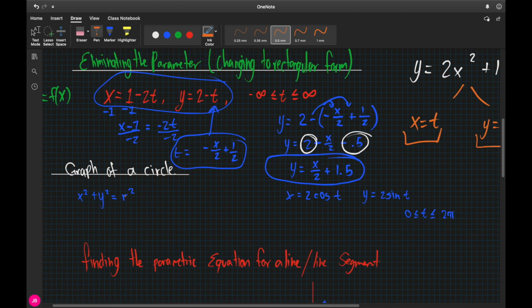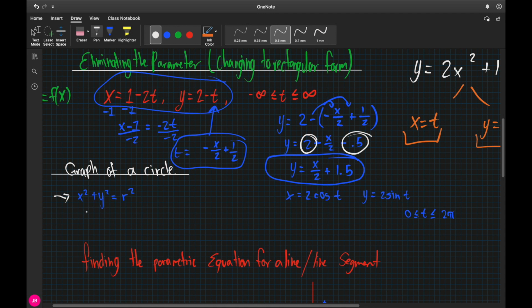Now let's talk about the graph of a circle. If I wanted to graph a circle, this is the parent function for a circle, right? x squared plus y squared is equal to r squared, and this can be changed into the rectangular form.